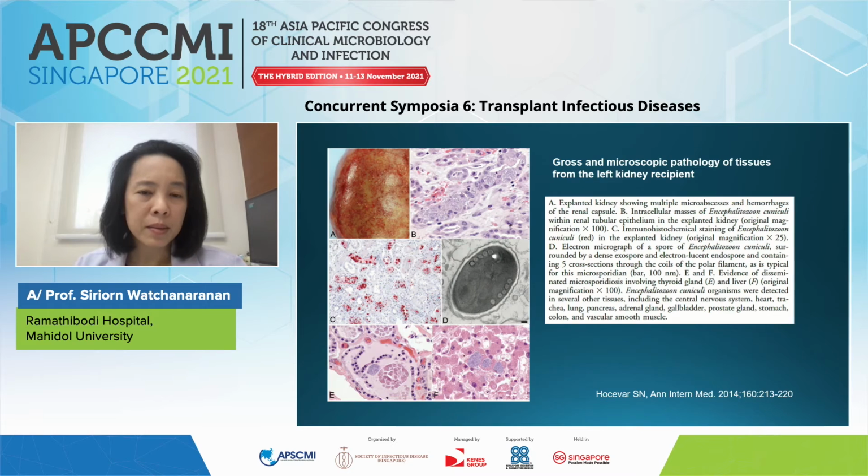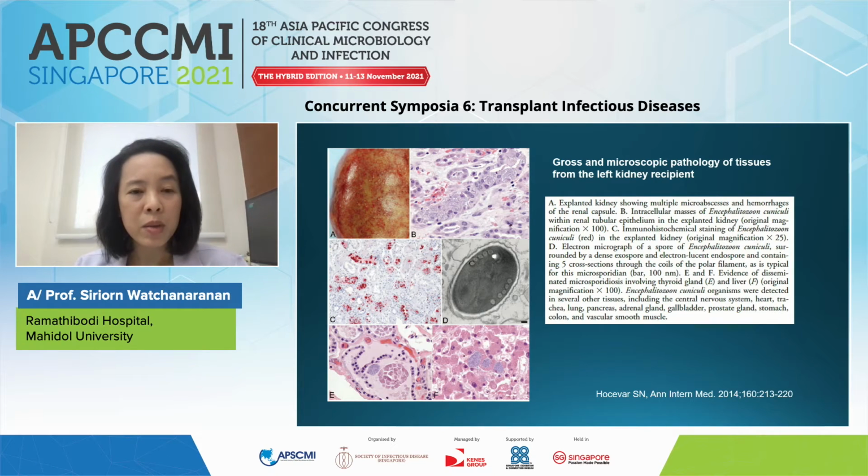Next slide, please. This is the post-mortem tissue biopsy from one of the kidney recipients who died. On the left-hand side, you can see multiple microabscesses at the renal capsule. On the upper right, you see a cluster, a mass of Microsporidium, which is also stain positive by immunohistochemistry.